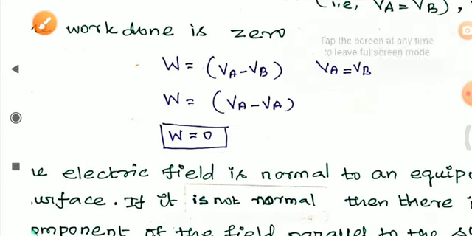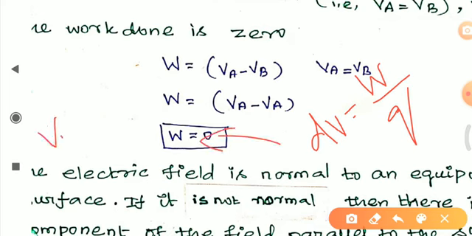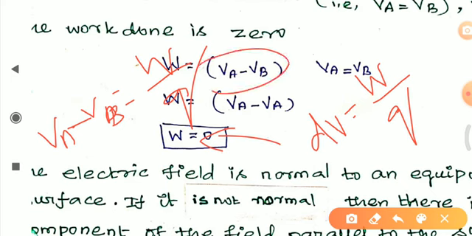What is the formula? dV is equal to W divided by Q. Otherwise, this can also be written as dV is equal to VA minus VB is equal to W by Q. From this formula only we get this one.